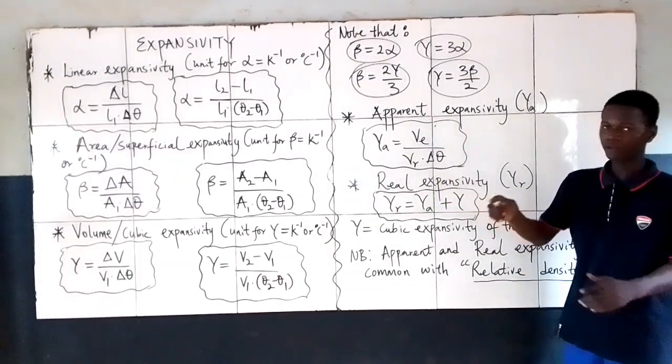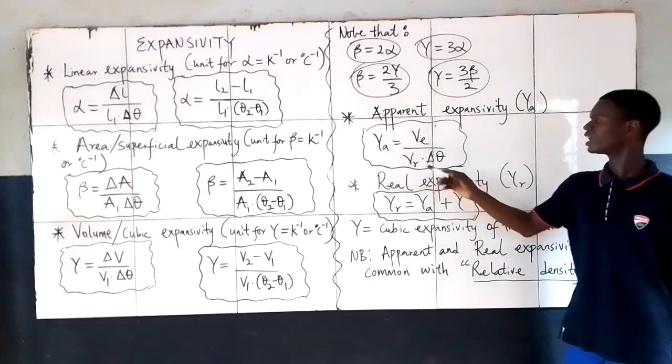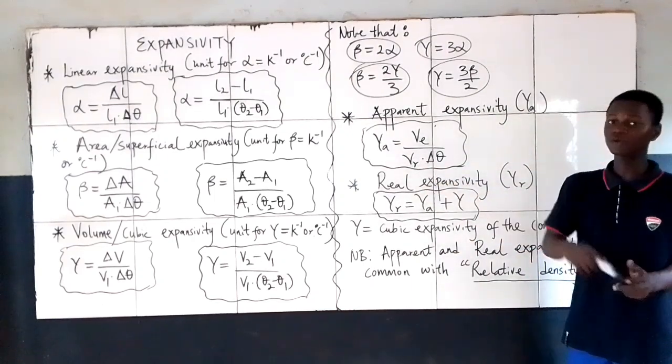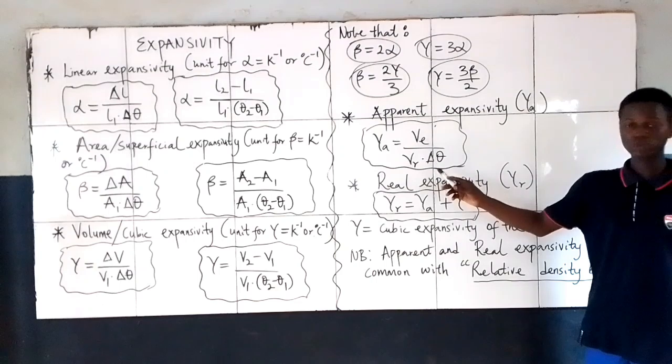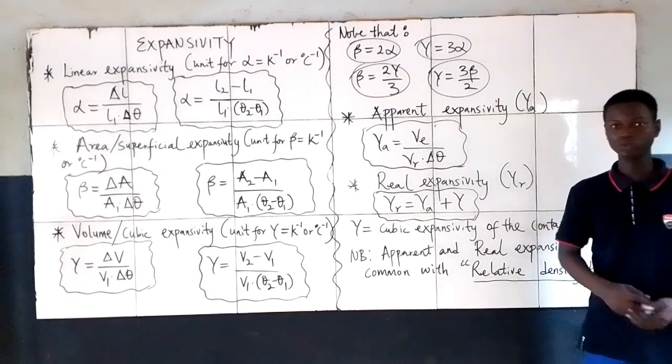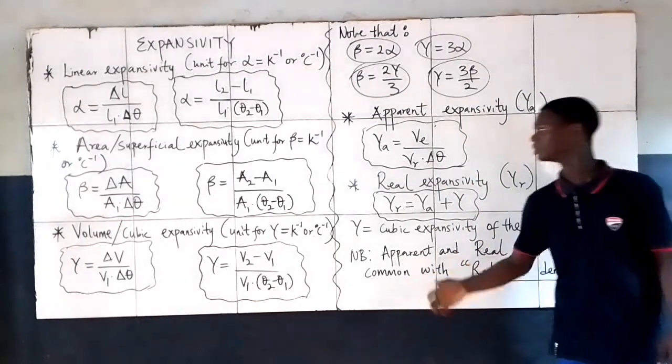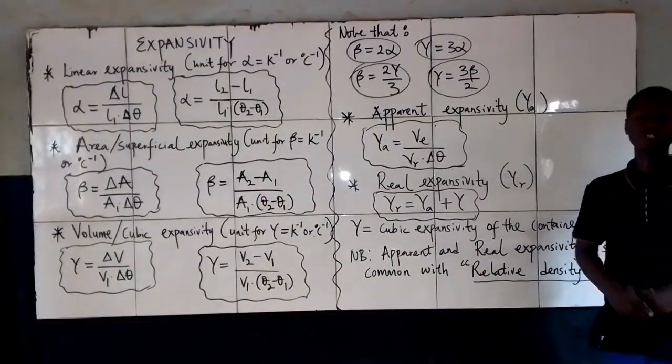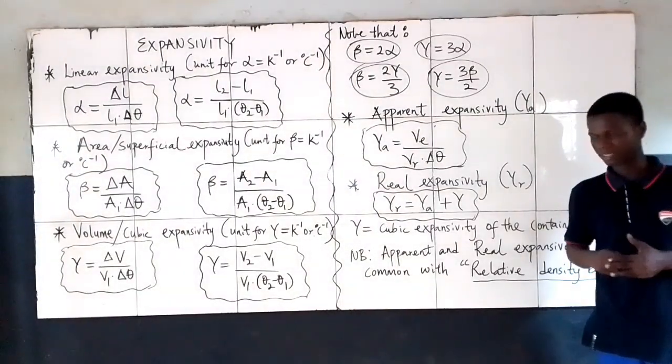Volume of liquid expelled, that's why I wrote E, over the volume of liquid remaining, that's why I wrote VR, times the change in temperature, which is theta 2 minus theta 1. This is the formula you use when you're asked a question under apparent expansivity.